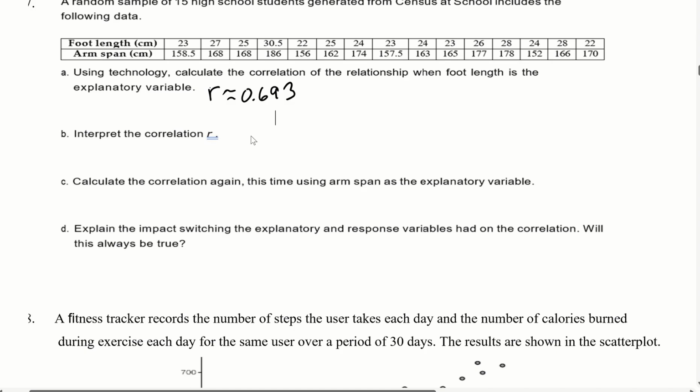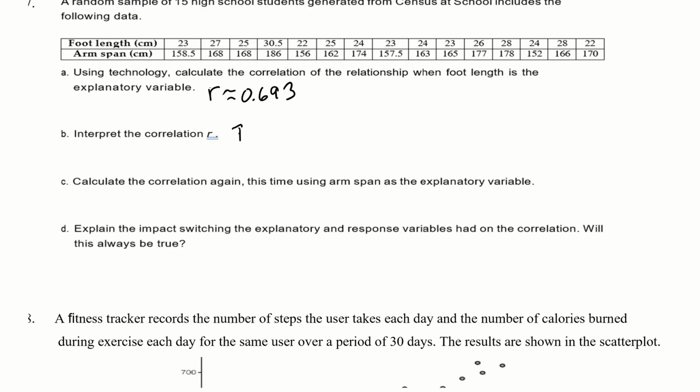Now we want to interpret the correlation R. All right, so remember the 0.69 is moderately strong. I kind of gave you an idea of what moderate is, right? Moderate is around 0.5, 0.6, 0.7, so on. Once you get to like 0.8, you're starting to get strong. But here, 0.5, 0.6, up to 0.7-ish, I would say is moderate, okay? So here, definitely we'll say moderately strong, and it's positive.